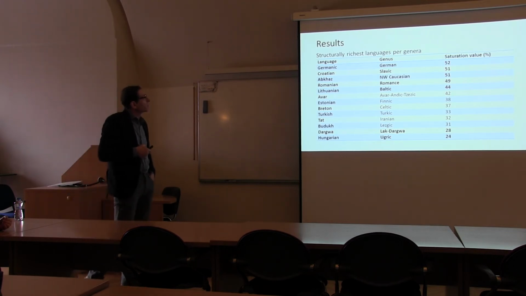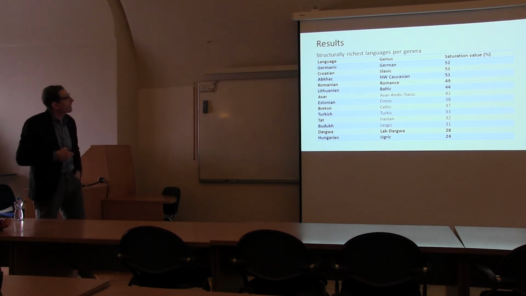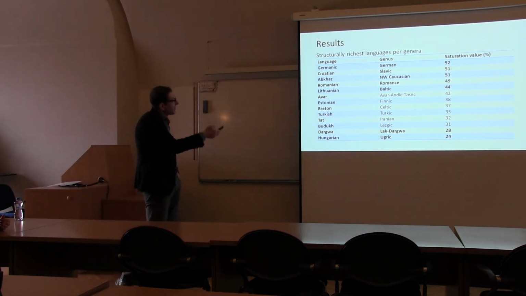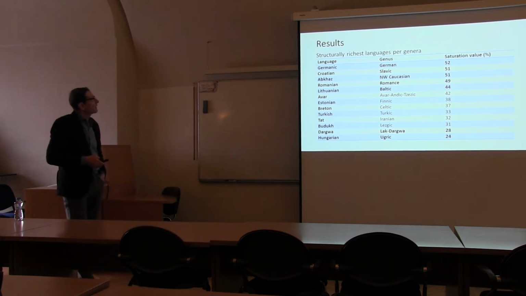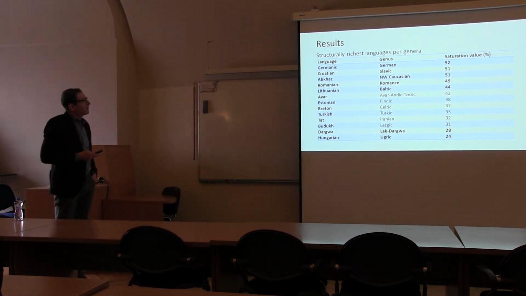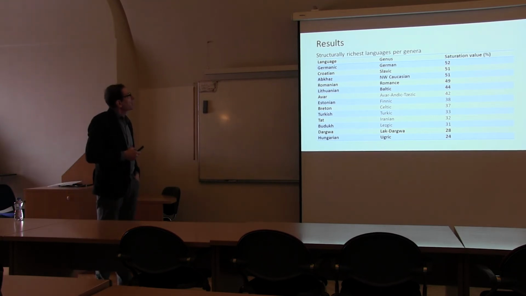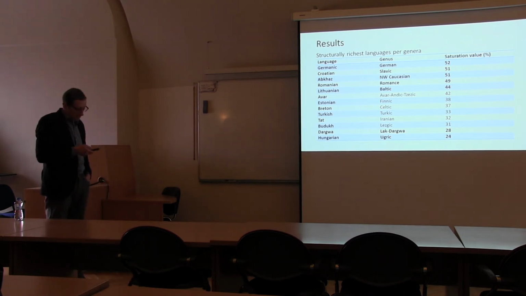This table illustrates structurally richest languages per genera and clearly shows that there are again huge differences. The German language, its structural richness is more than twice of Hungarian. Yeah?